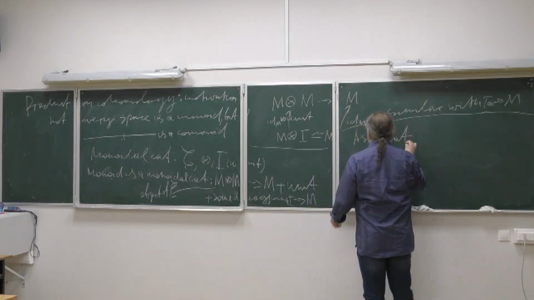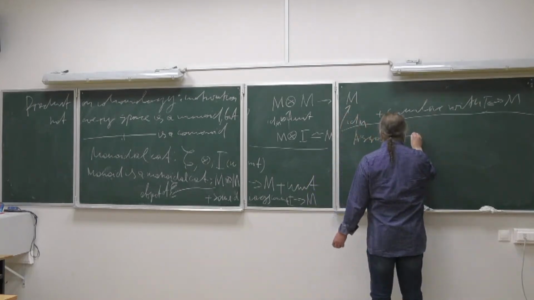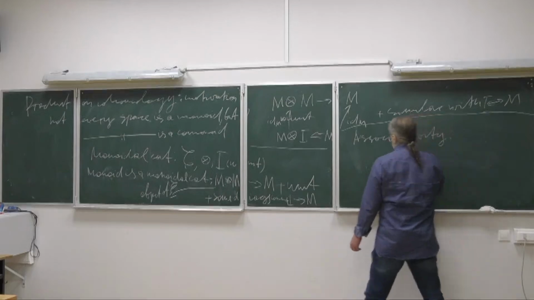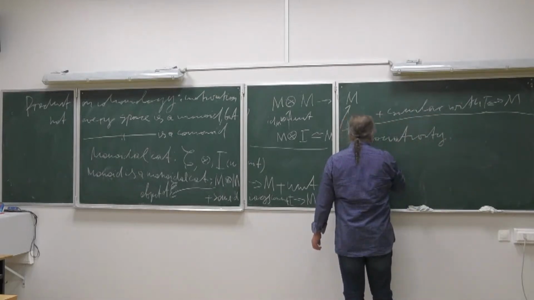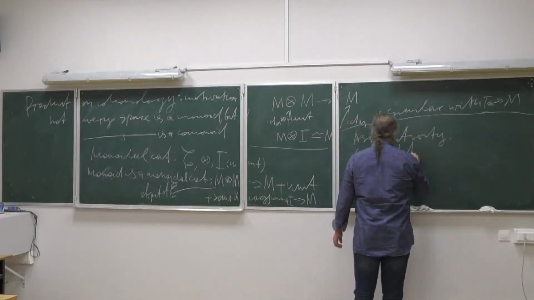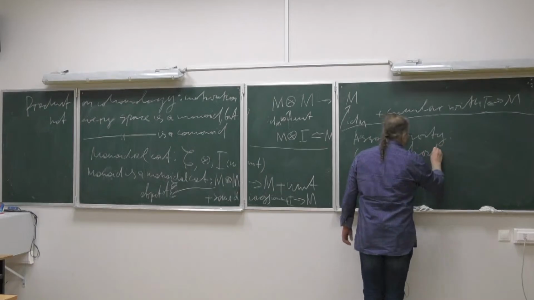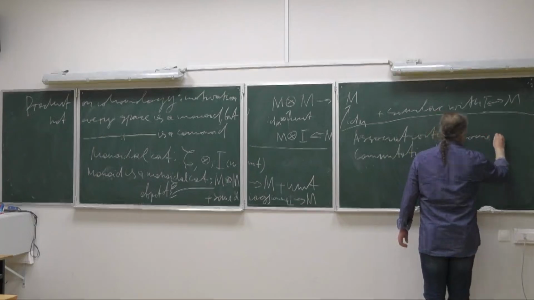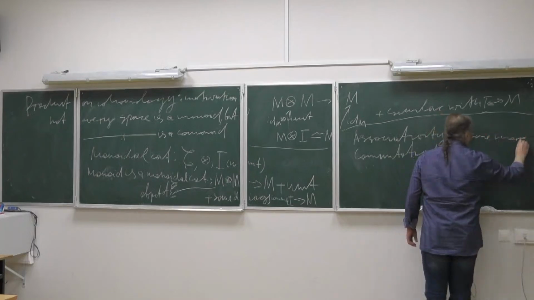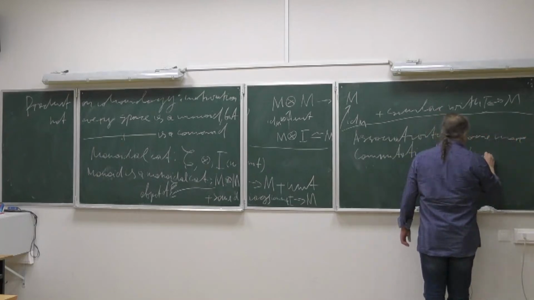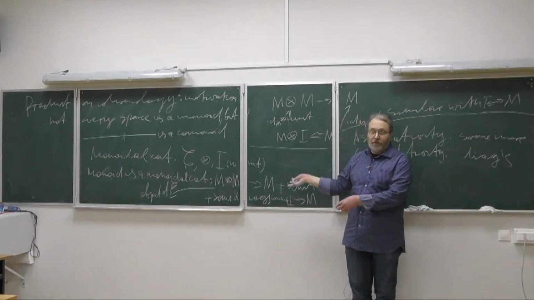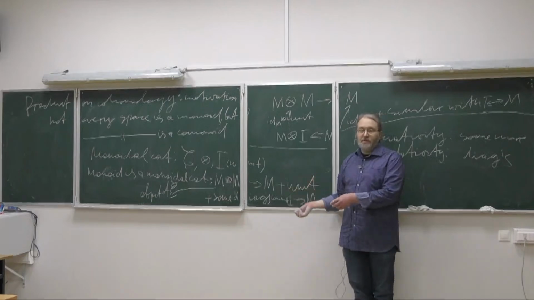Now it makes sense for a monoid to be associative, and it makes sense for a monoid to be commutative. So there are the associativity properties, and these are expressed by requiring some more diagrams to commute.